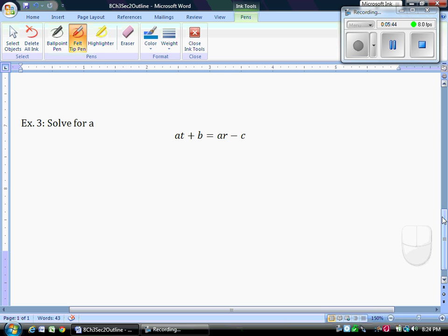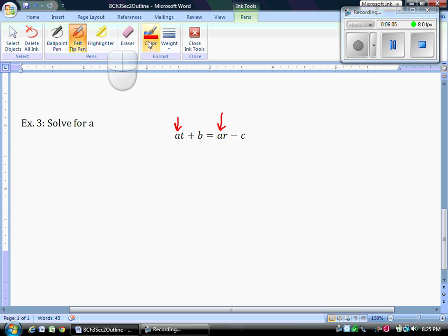Here we're going to solve for a. Okay, so we notice I have an a there and I have an a there. So just like in example 1, I need to make sure to get the a's on the same side because I need to get them together.